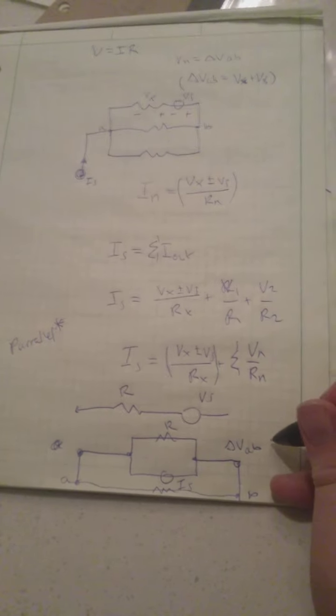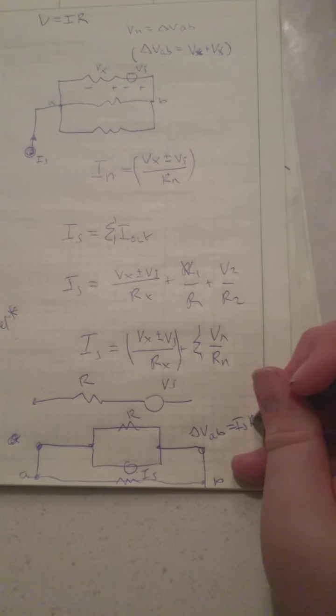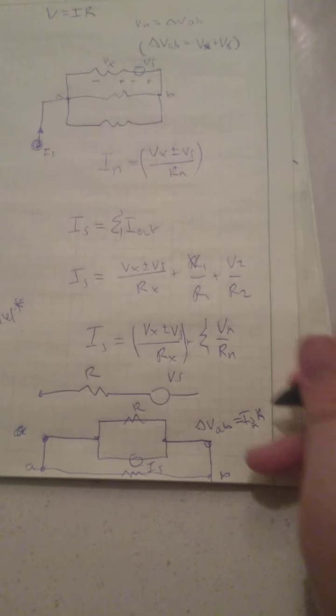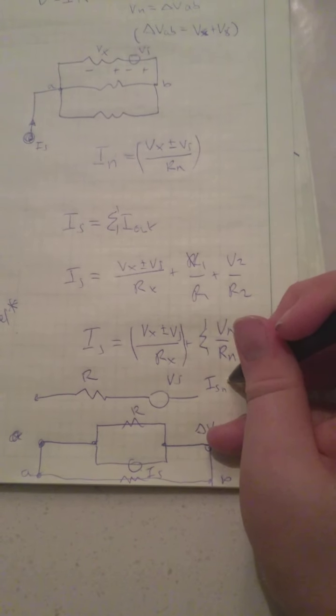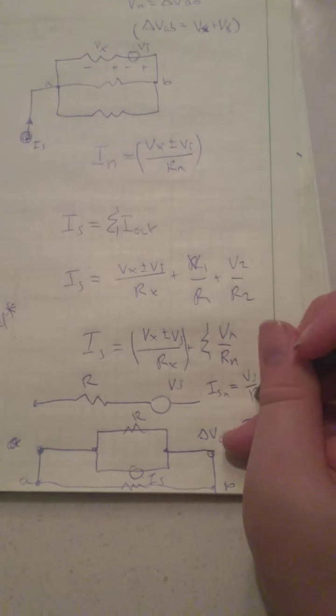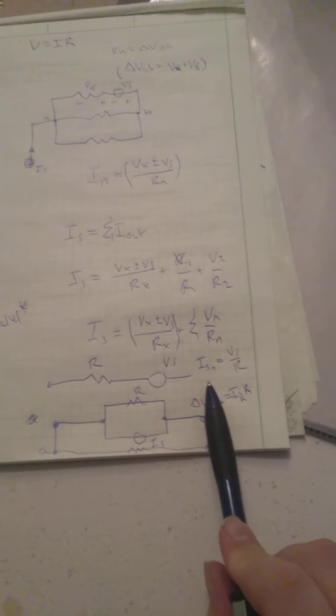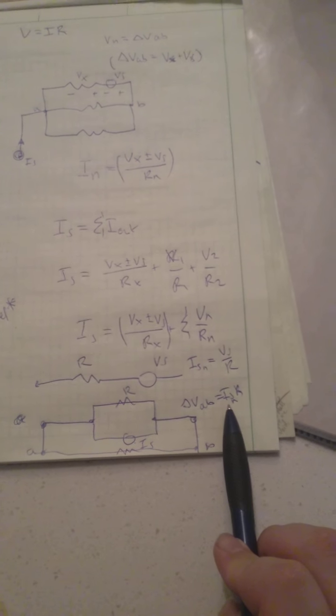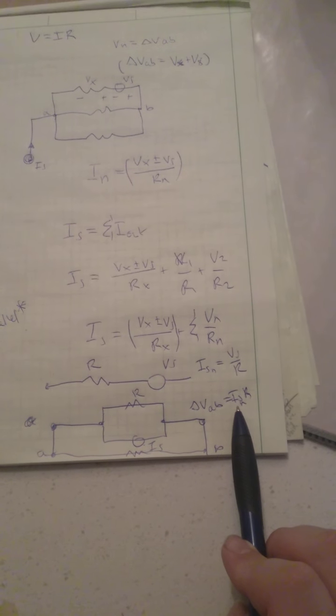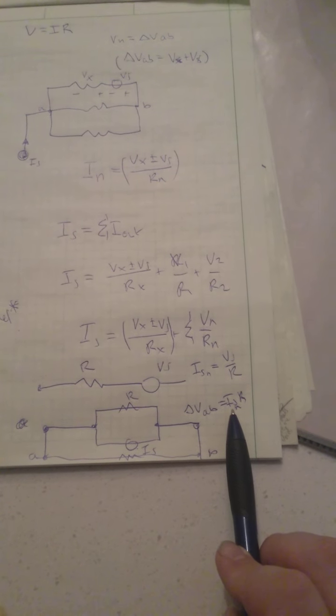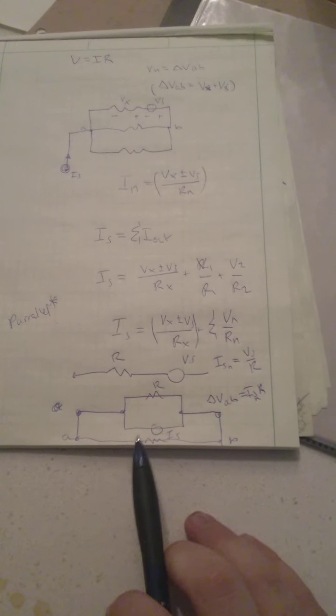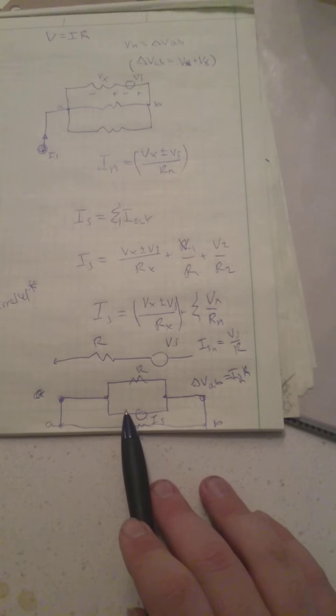So delta V A to B is equal to this new Is times R. So Isn times R, Isn is equal to Vs divided by R. Okay, so you can see that when you do it this way, you do the source transformation.